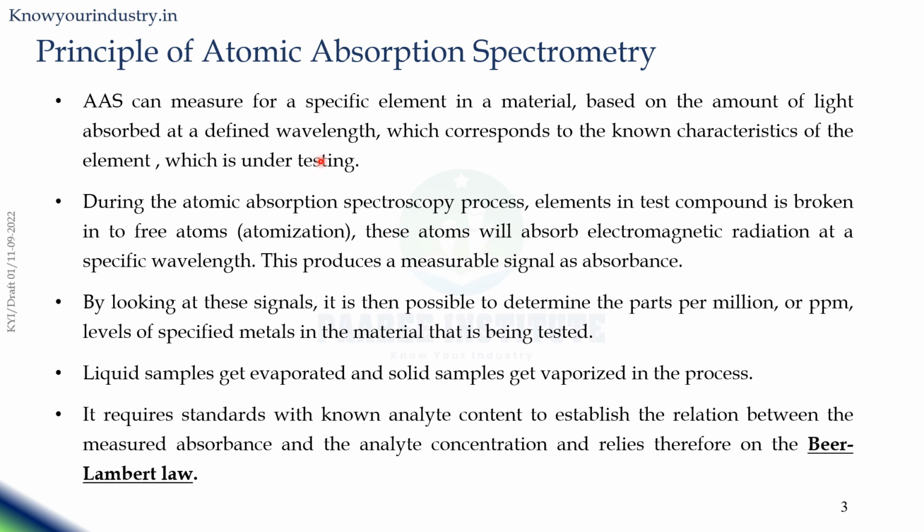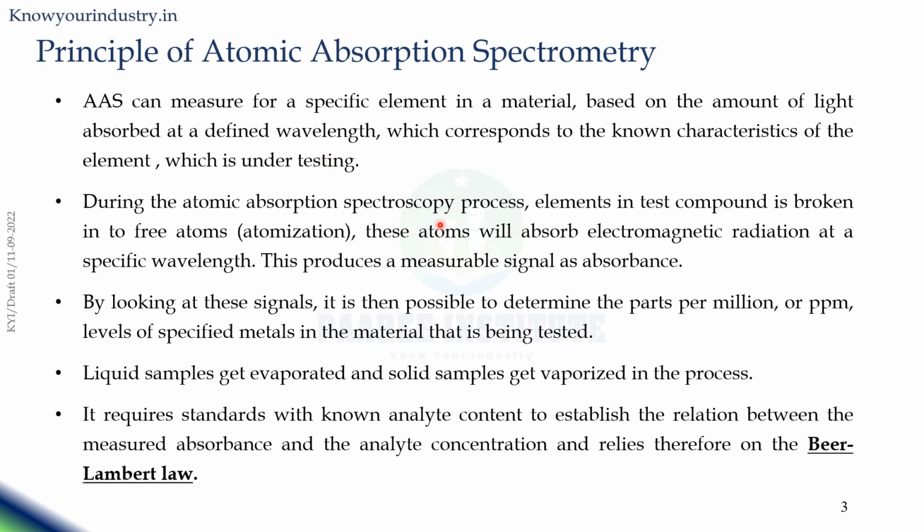That is, number one is the wavelength of the particular element, and then the amount of light absorbed by the element is directly proportional to the concentration of the particular element. So these are the two critical properties that need to be understood in the AAS technique.